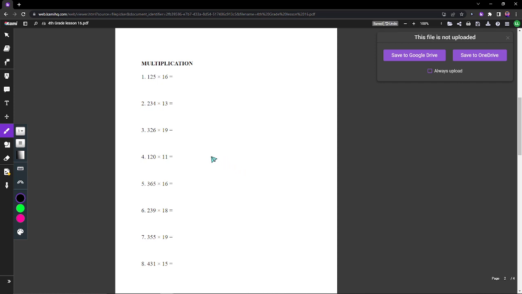Now let's go to something like multiplication. We got bigger values now compared to the previous ones. Let's start with number 1, and the easiest way is to just set it up as we have been setting it up for a lot of these order of operations. First things first, 5 times 6, that's 30, so you put a 0, bring 3 over. 2 times 6, that's 12, plus 3, that's 15, so 1 you just put over here, and then 1 times 6 is just 6, plus 1.